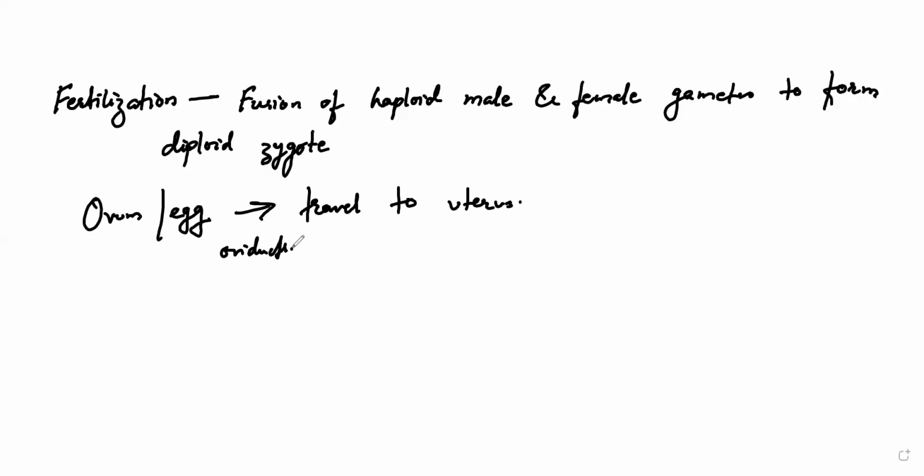But as I told you, the lifespan of it is just 24 hours. After that, it disintegrates. So if within those 24 hours it gets any sperm and if it fuses with the egg, then the fertilization process takes place.